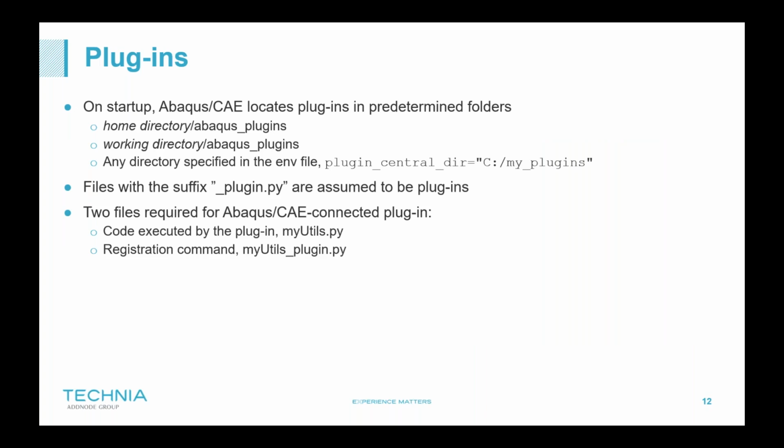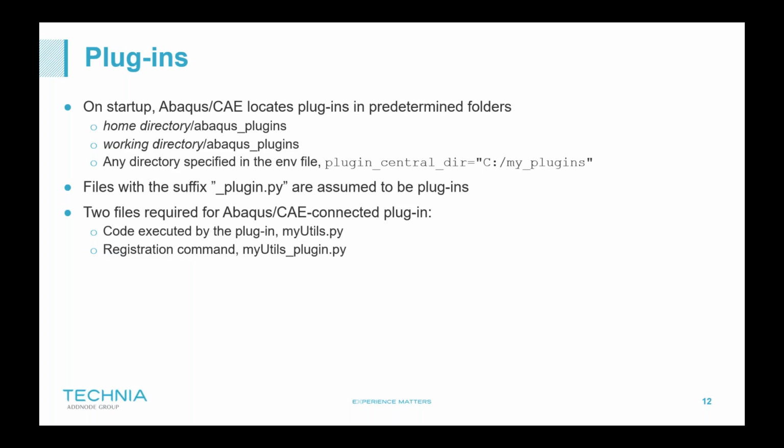So plugins are loaded when Abaqus CAE is started. It mainly searches in 3 folders for plugins. 2 of them are called abaqus_plugins and located in the home directory as well as the working directory.